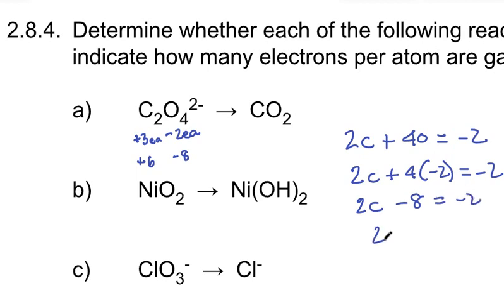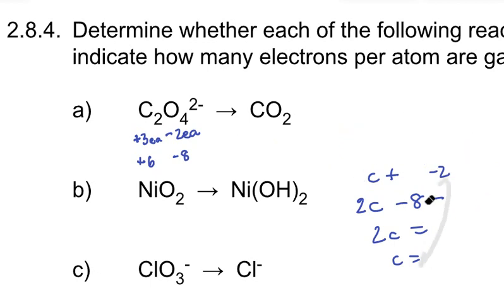You add 8 to each side, 2C equals 6, divide by 2, C equals 3. That's how you can find the oxidation state for the carbon if you want to do it without juggling a bunch of numbers in your head. But typically, I am a juggler for questions like this, so I'm going to mostly do it that way. If this really bugs you, get a hold of your instructor and they can take you through it a different way.